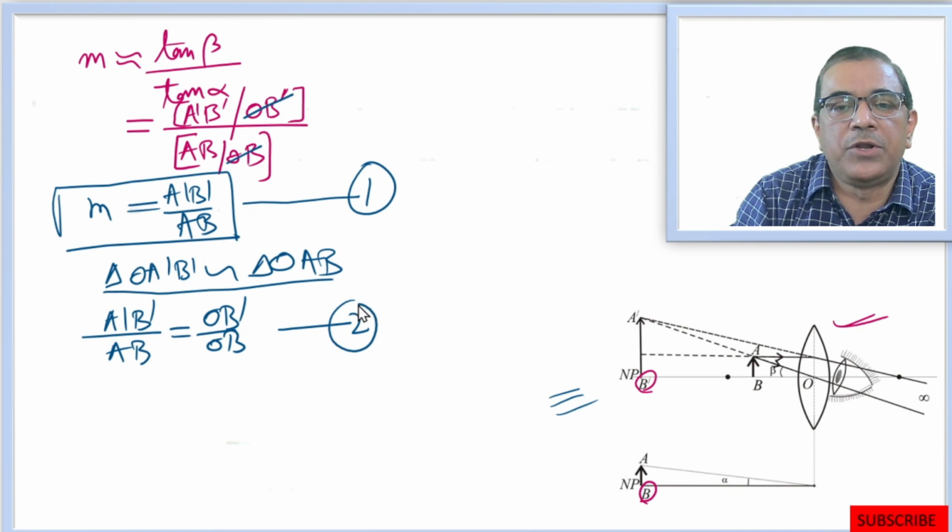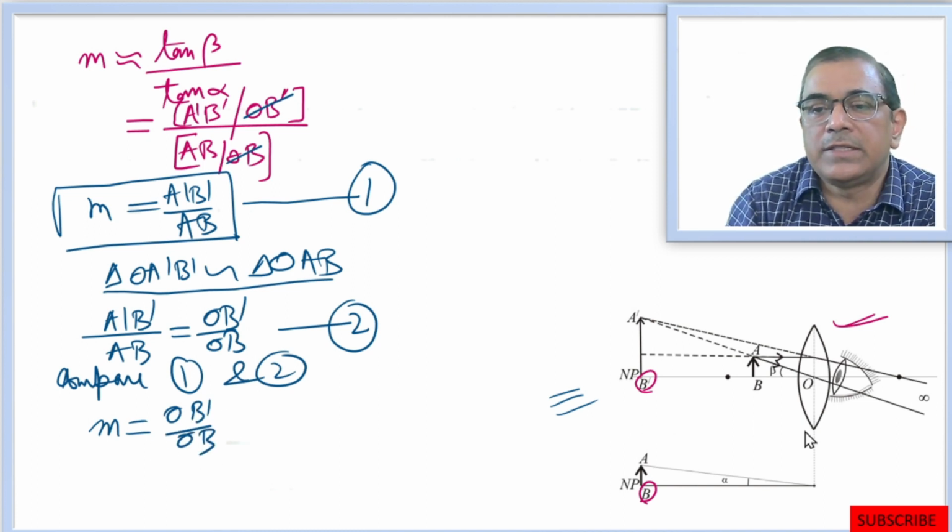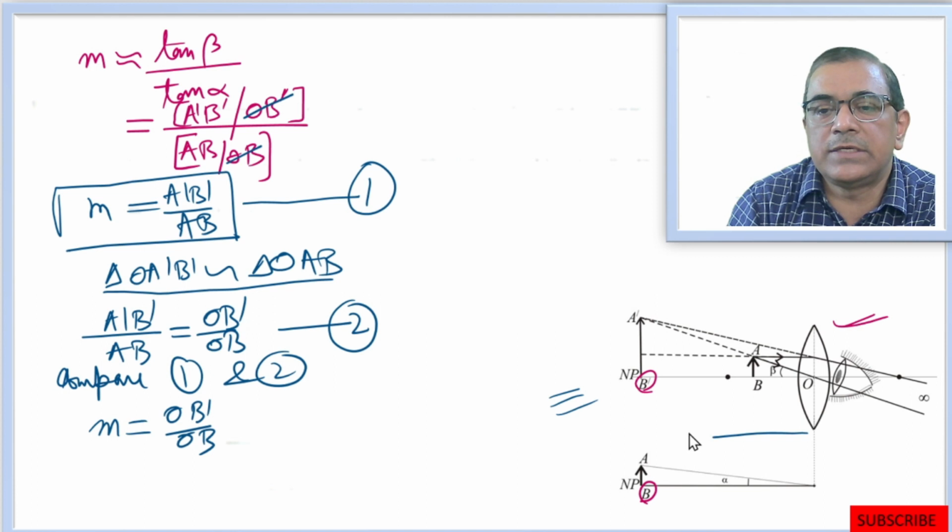This is relation number 2. Now compare 1 and 2. Then what do I get? M is equal to OB dash by OB, and OB dash happens to be the distance of the image from the optical center, and this is nothing but V.